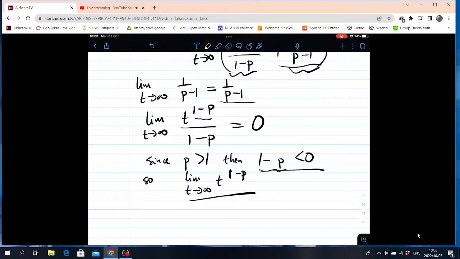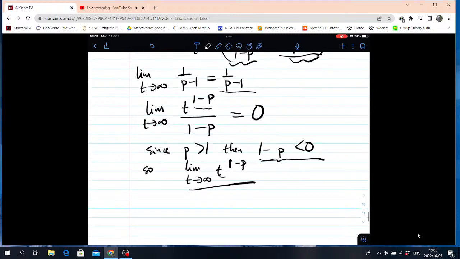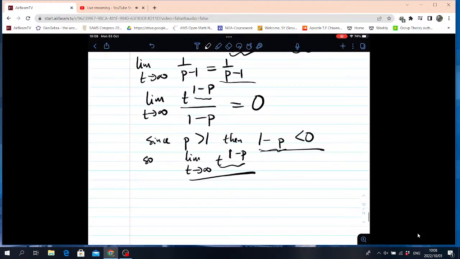Now if you look at this, we can rewrite this statement as 1 over t to the p minus 1, where we know p minus 1 is a positive value. I hope that is clear. And once it becomes positive and t is getting bigger, we are going to have a situation of 1 over infinity, which becomes 0. I hope that is fine.